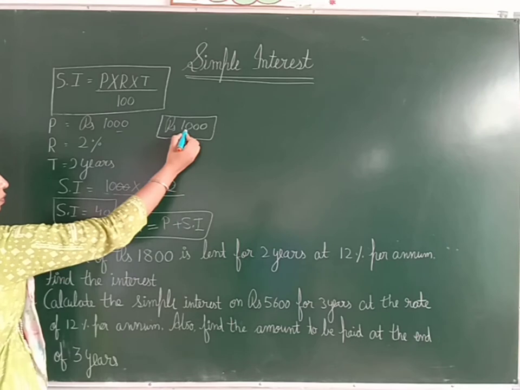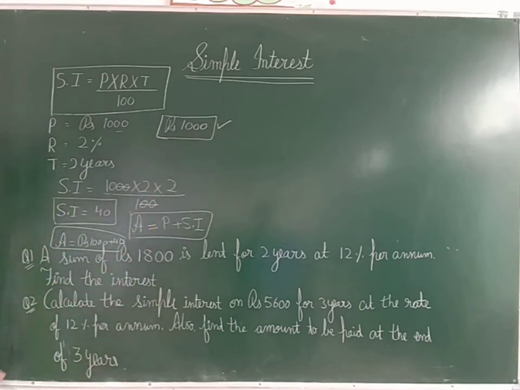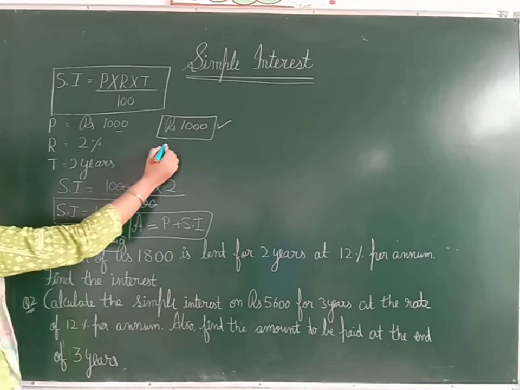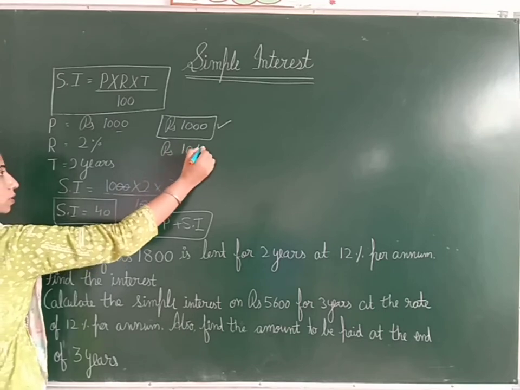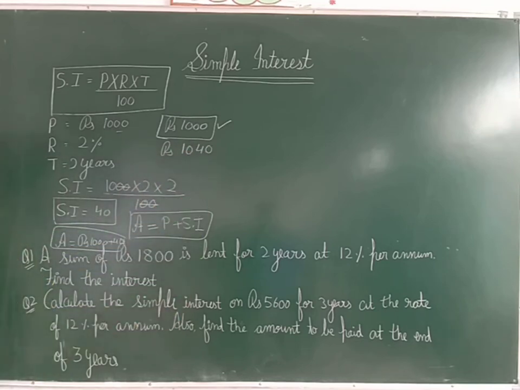We borrow this money from the bank and after 2 years we have to pay rupees 1,040, right? And this 40 rupees is simple interest, and the amount that we have to pay in the end is called amount, right?